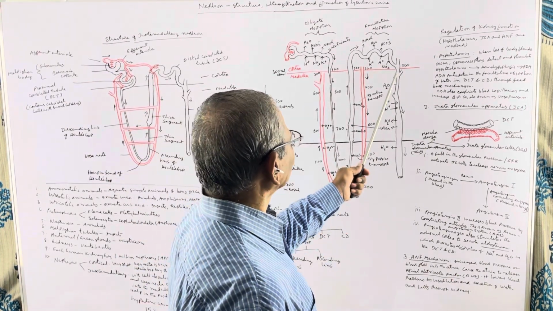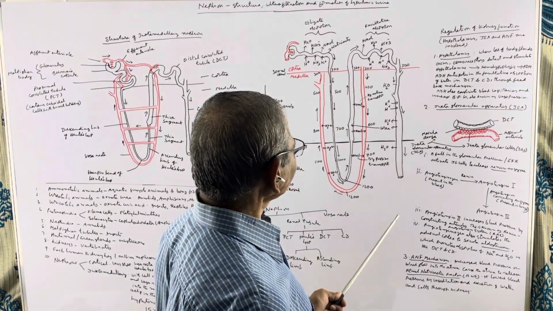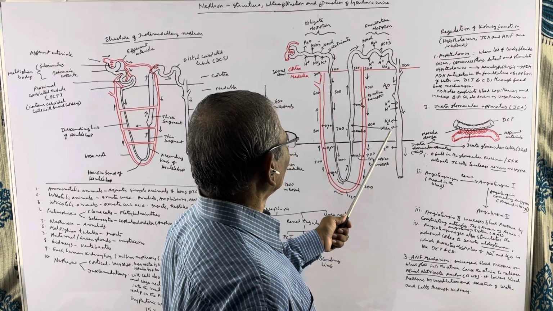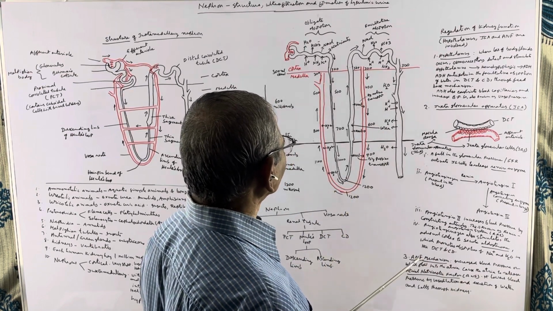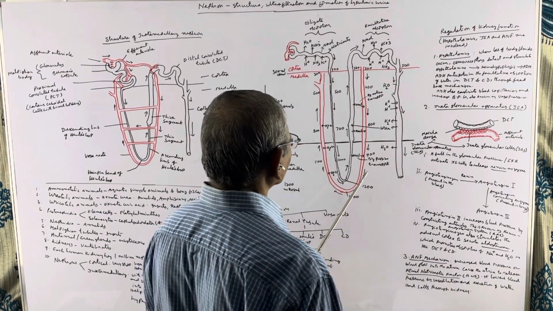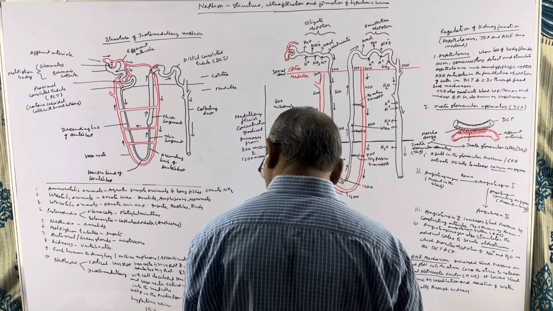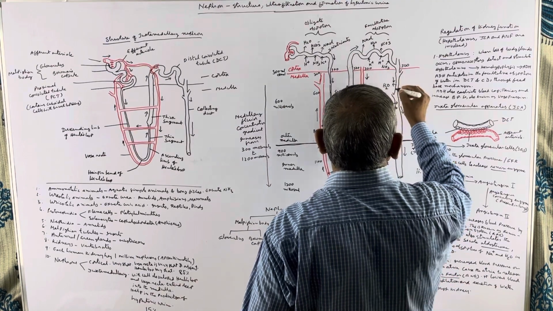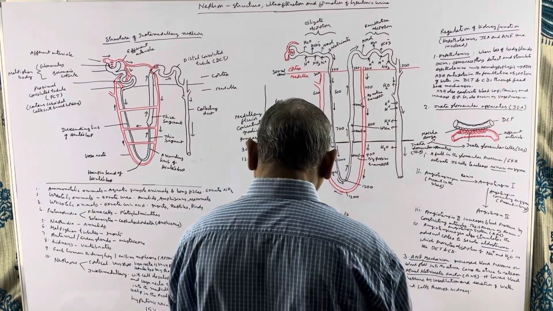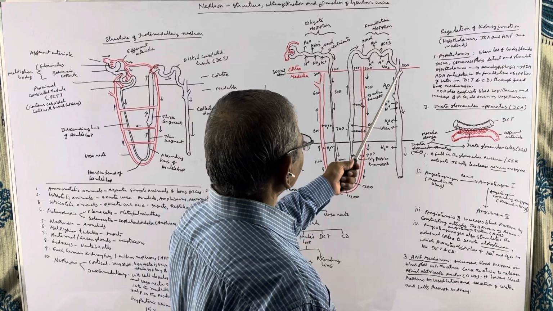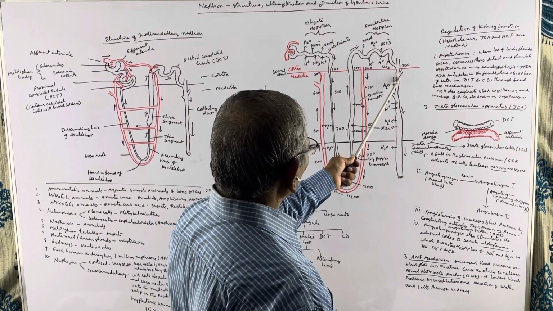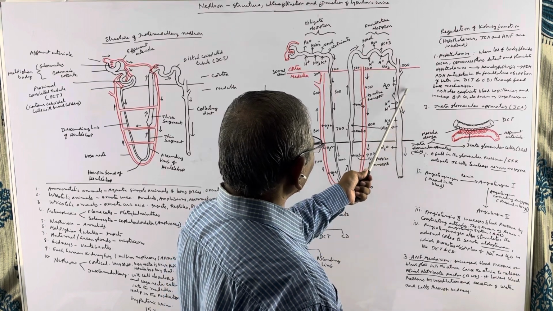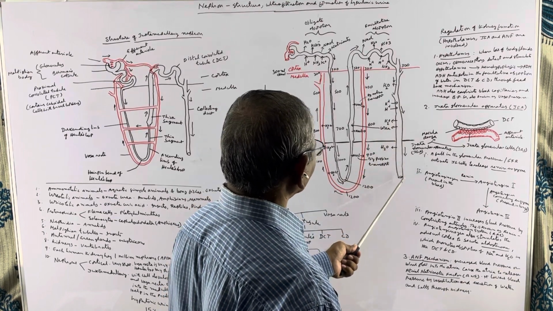Then, this is the collecting duct. The glomerular filtrate now enters the collecting duct. In the collecting duct, again, as the glomerular filtrate passes through the collecting duct, it encounters increasing osmolarity of the medullary fluid.